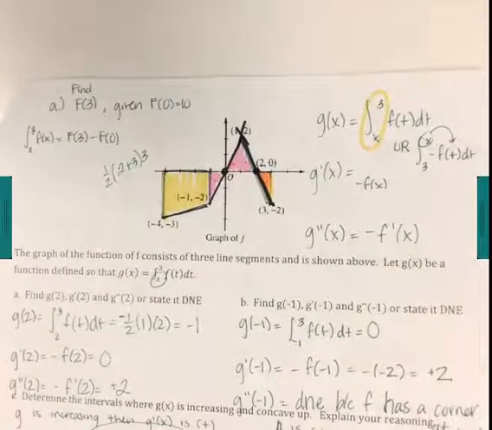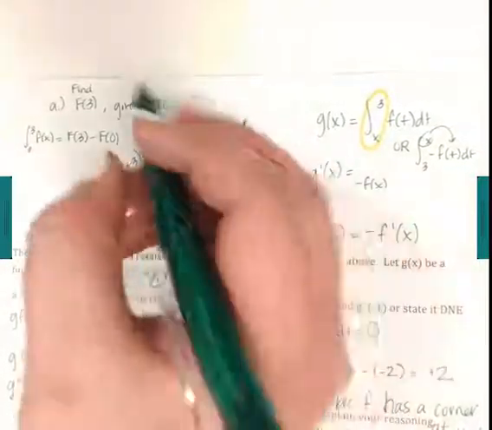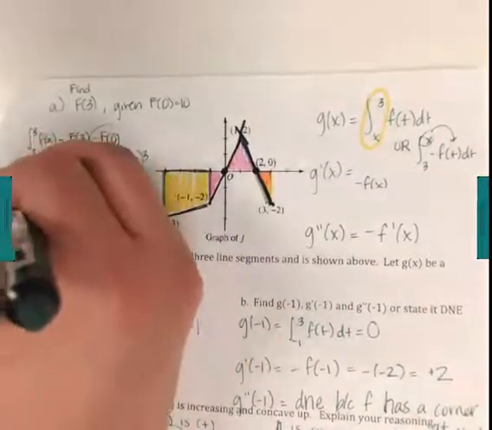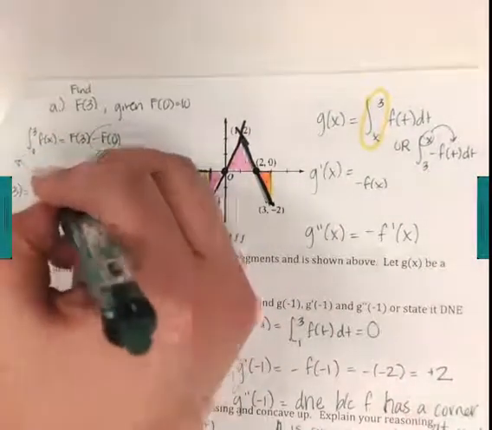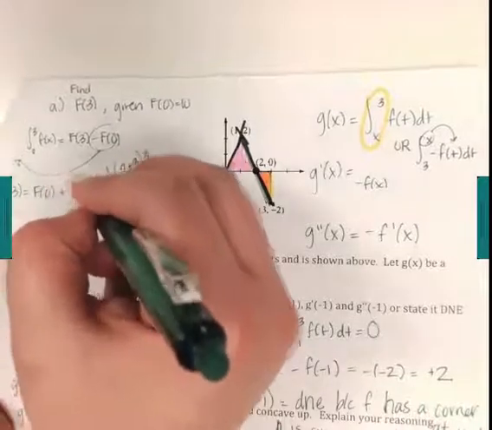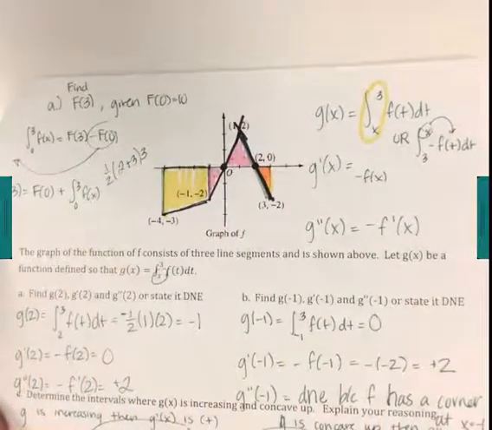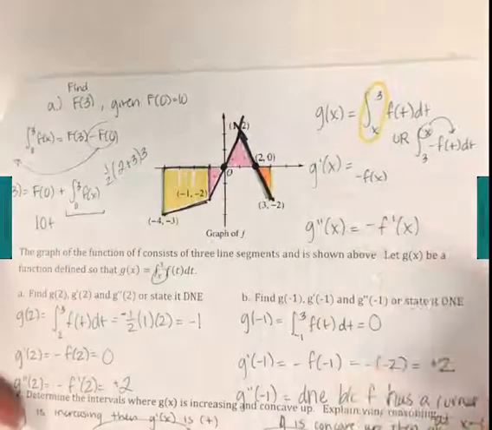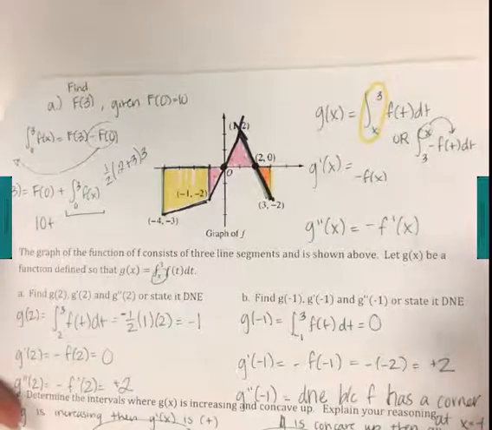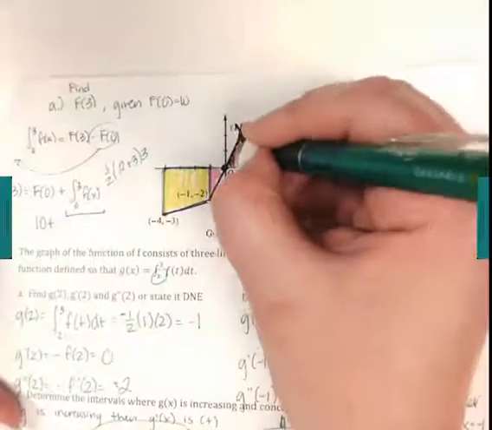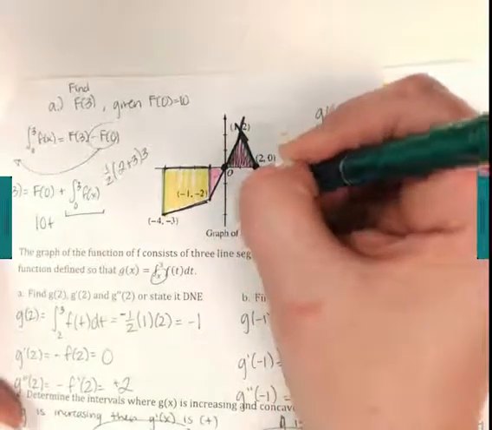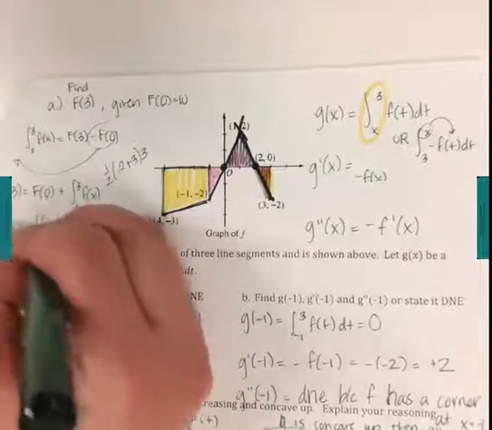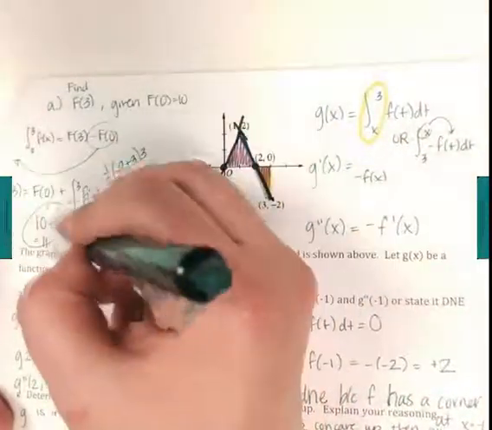And then what did they tell me f of 0 is? 10, so I would take my 10, I would add it to the other side. So f of 3 would be f of 0 plus the integral of 0 to 3 of f of x. And then f of 0 we said is a 10, and then that you would do by area. Now, 0 to 3, if I were to do this integral, 2 of the triangles will cancel out, but I'll have 1 left over on top. That's 1. So it would come out to be 11. Okay? And that is your version B.